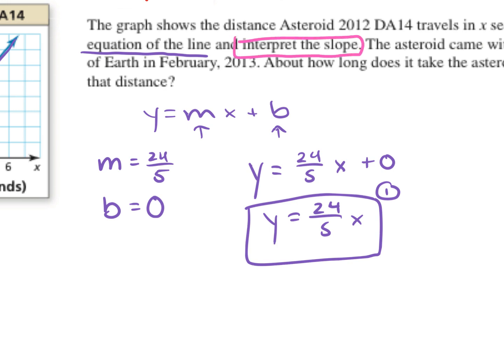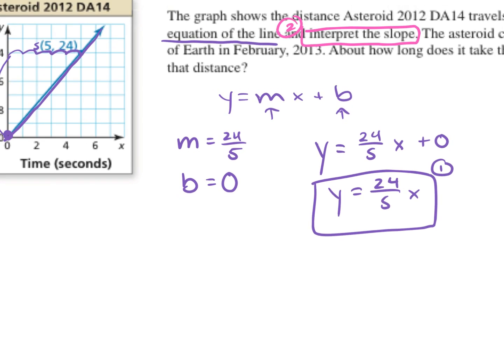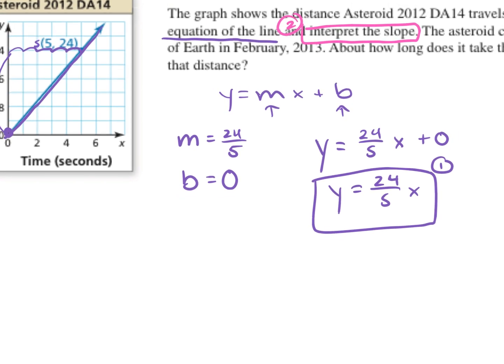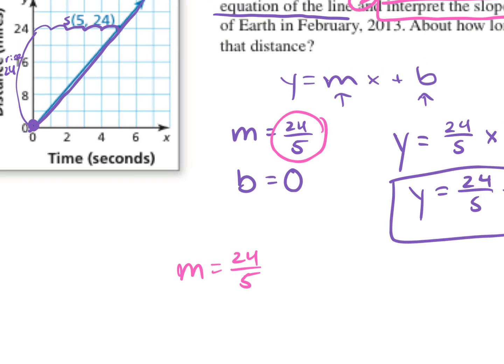Second part of this question is interpret the slope. So what's our slope? 24 over 5. So our slope is 24 over 5. 24 is our y value.